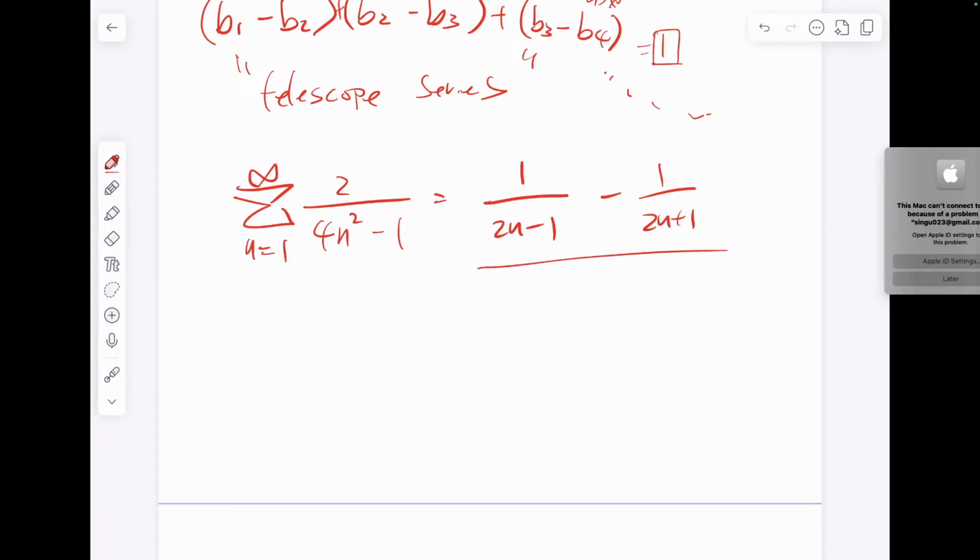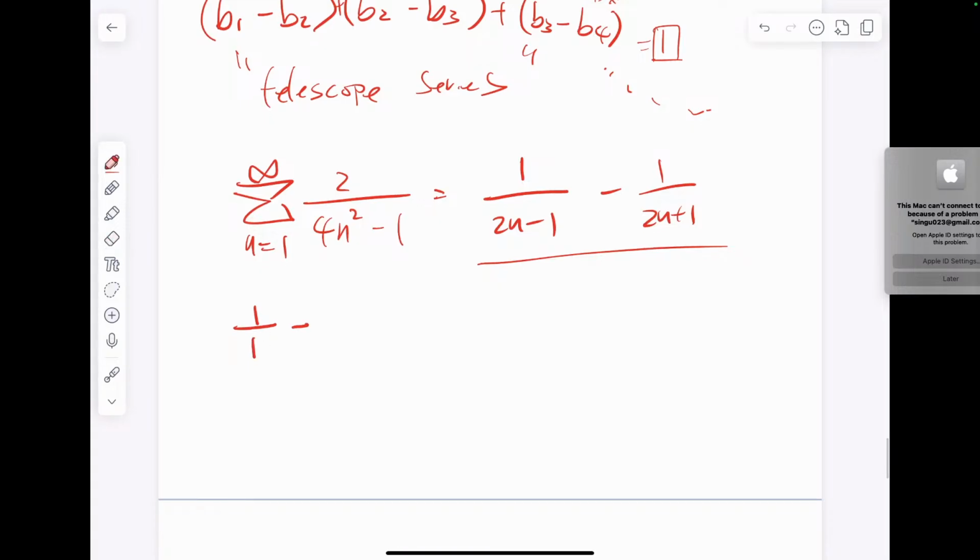This becomes this, right? So I'm gonna write in the terms. Look, if I plug in 1, what am I gonna get? 1 over 1 minus 1/3. And then plus, I'm gonna plug in 2: 1/3 minus 1/5.